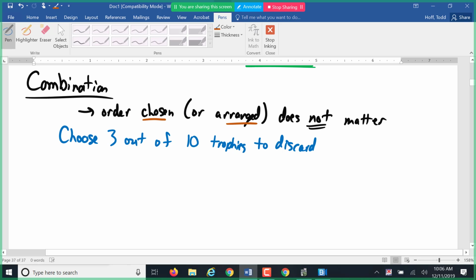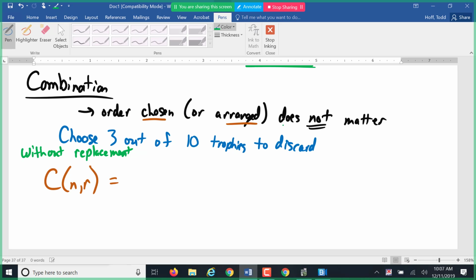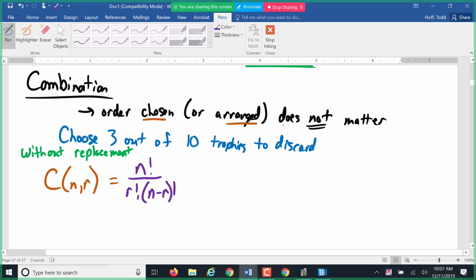The formula for a combination, the combination of n things chosen r at a time. And again, this is without replacement. And that is n factorial over r factorial times n minus r factorial.